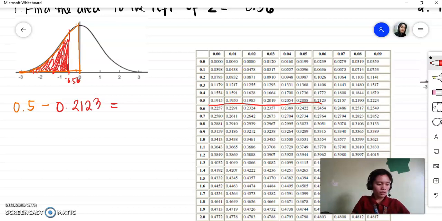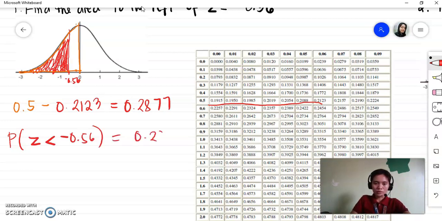Solve for that: 0.5 minus 0.2123. The answer is 0.2877. That means the probability that z is less than negative 0.56 is 0.2877, or if you multiply it by 100, you'll get 28.77%.